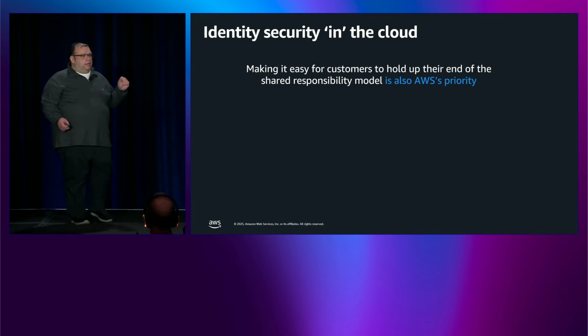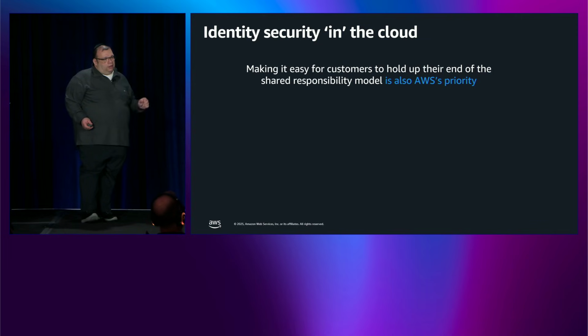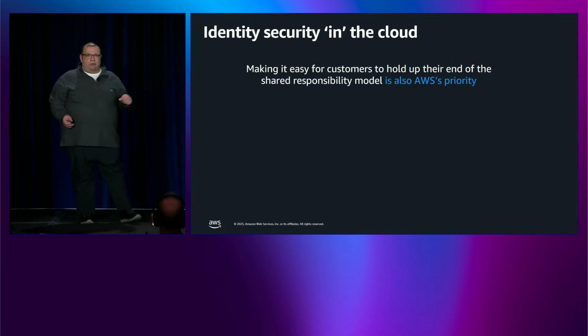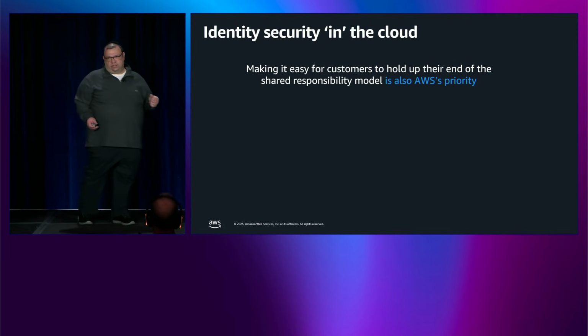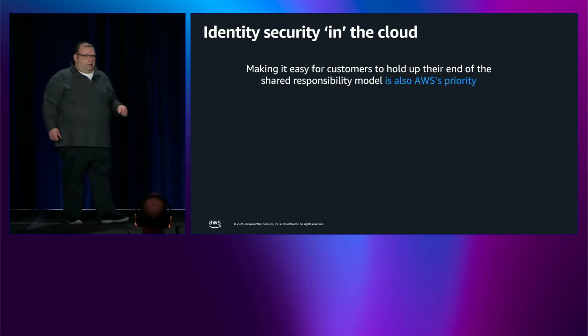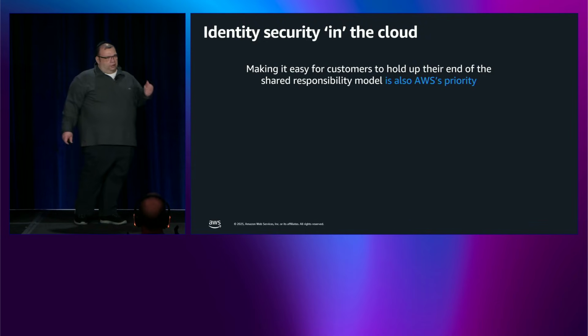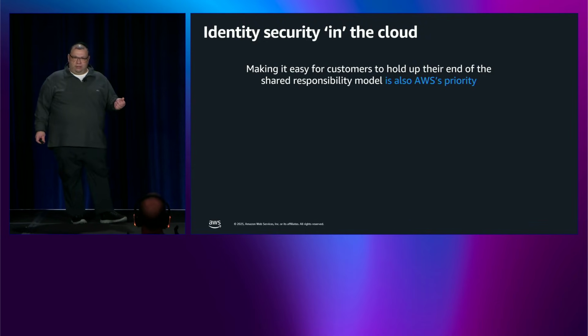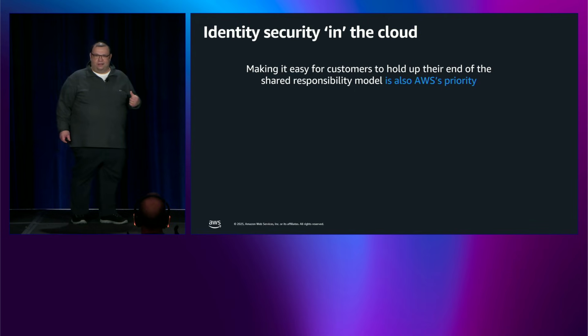AWS really is focused on making sure that it's easy and straightforward for you to implement your side of the shared responsibility model. Somebody in the security team told me the best way to describe it is that we own the success of our customers. And if you cannot implement your controls in a straightforward and easy manner, then we have also failed.